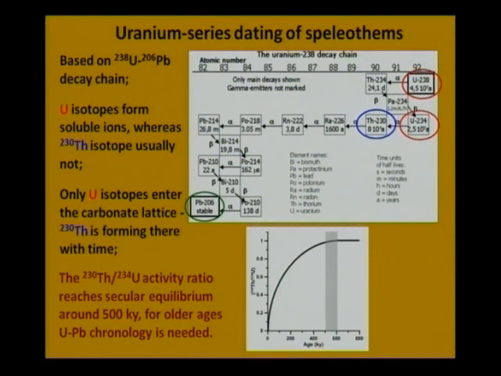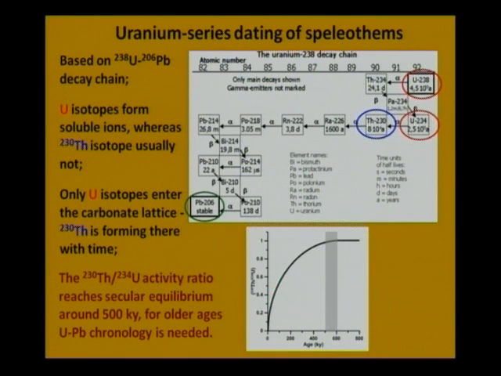Now, we have this father, let's say, that's producing all the intermediate isotopes. The two isotopes with the longest half-life are 234 uranium and 230 thorium.